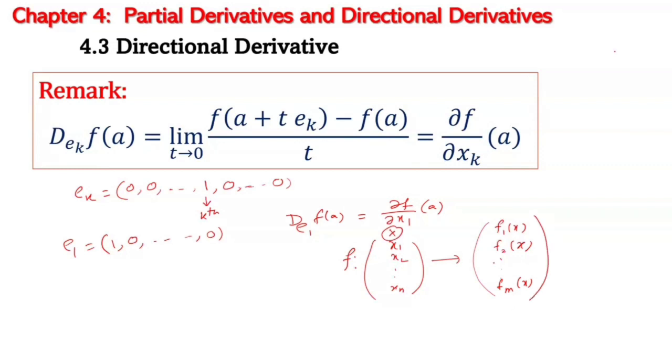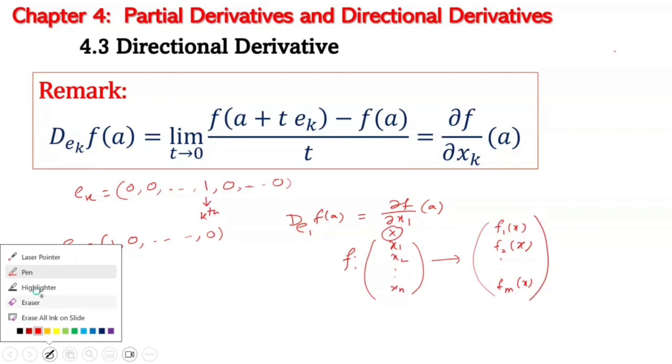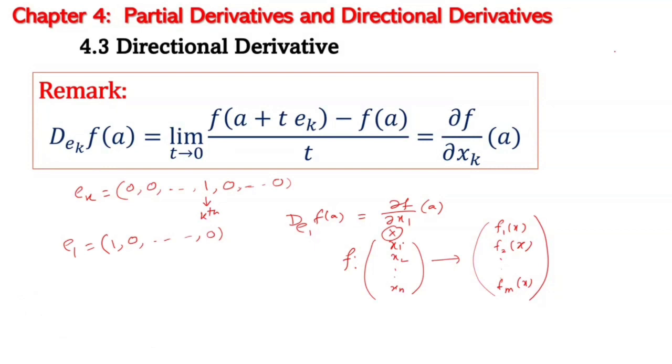So we are taking the partial derivative of f with respect to the variable x_1. If it is e_2, it will be the partial derivative with respect to x_2, and so on. So this gives us a relation between the partial derivative and the directional derivative.